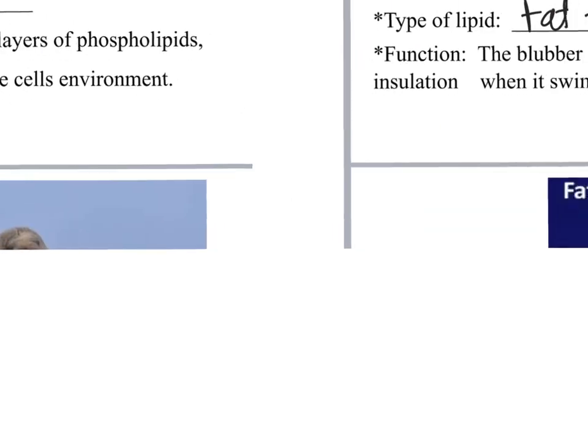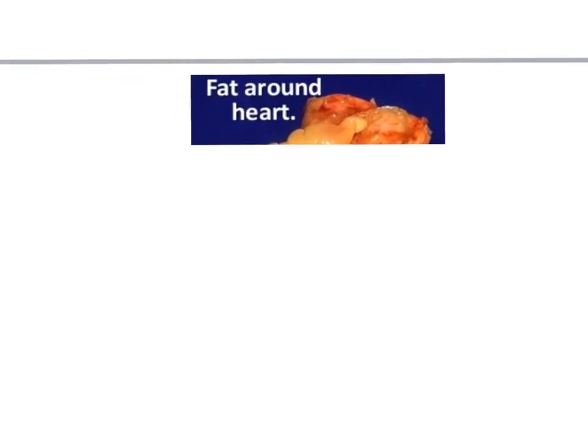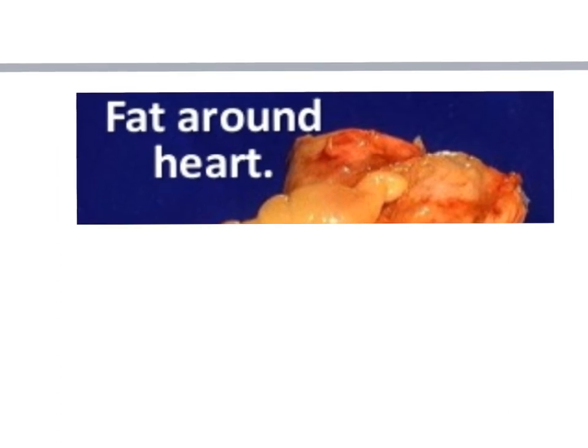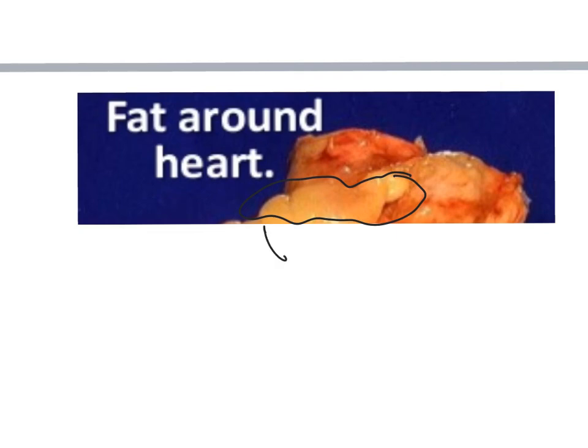Nice. Okay, this should be a heart, which I'm not quite sure why we can't see it, but if you see this, it looks just like if you cut apart chicken. That's that fat tissue inside of you. There is some fat around the heart, and in a good way, it will offer protection to that heart if it bumps into other things.